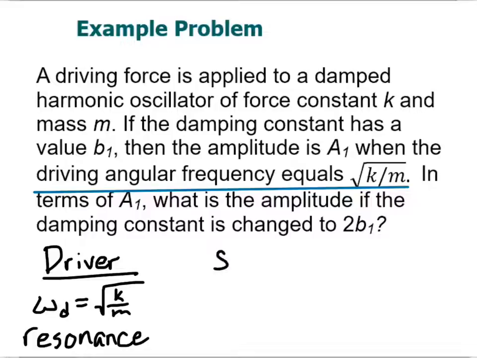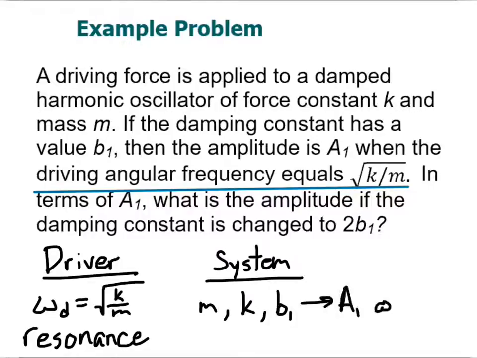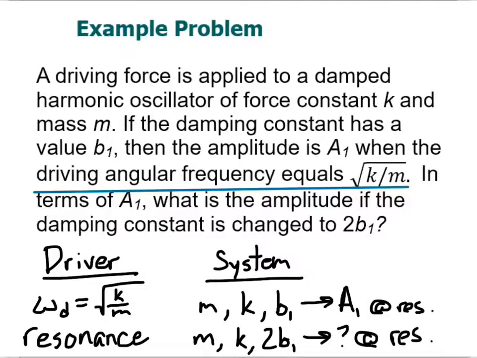The system has a mass M, a spring constant K, and a damping constant B1, and when all of those exist, we have some amplitude A1 at resonance. And I'm being asked, if you change from B1 to 2B1, what is this new amplitude going to be at resonance?